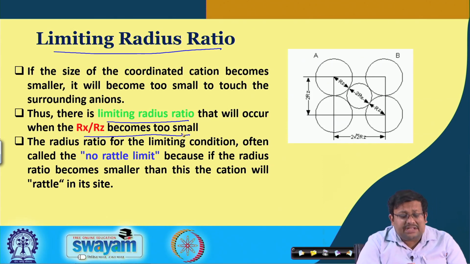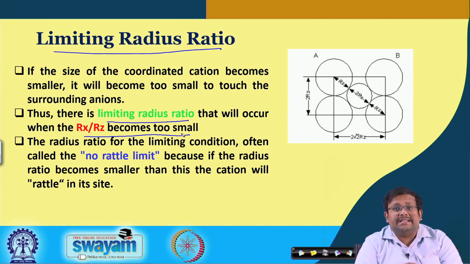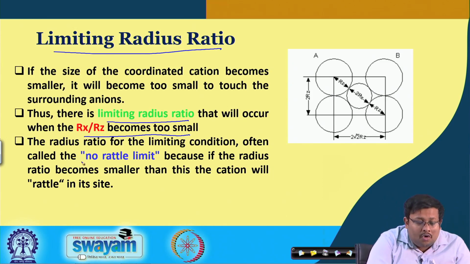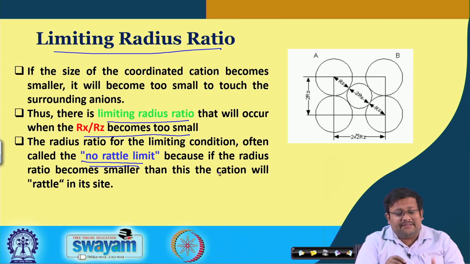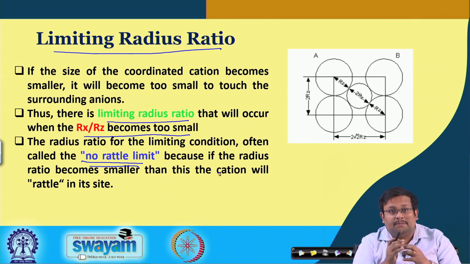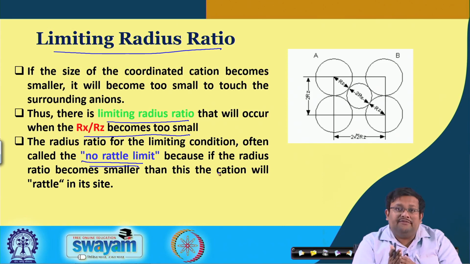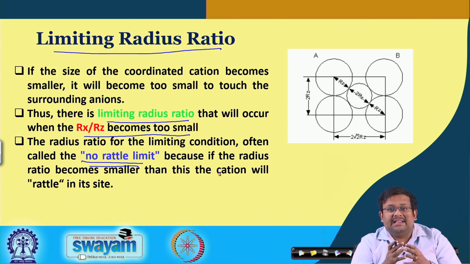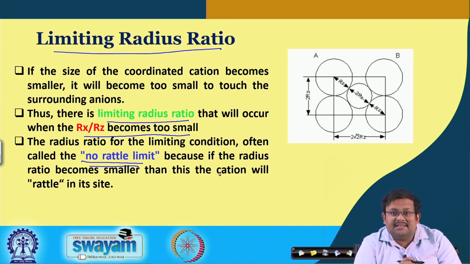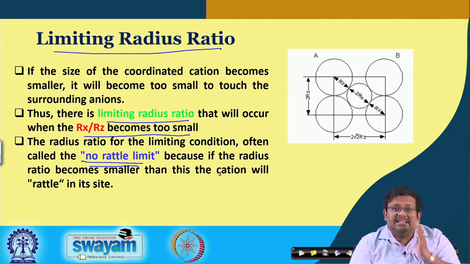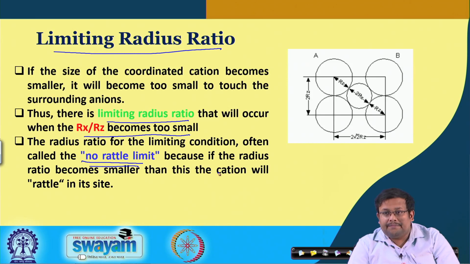The radius ratio for the limiting condition is often called the no rattle limit, because if the radius ratio becomes smaller than that cutoff value, then the cation will rattle in its site. So, that is why there is a specific terminology called no rattle limit.